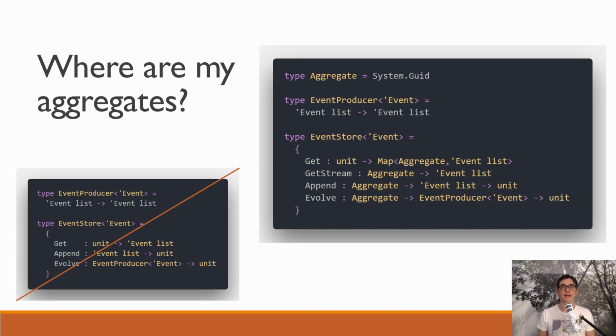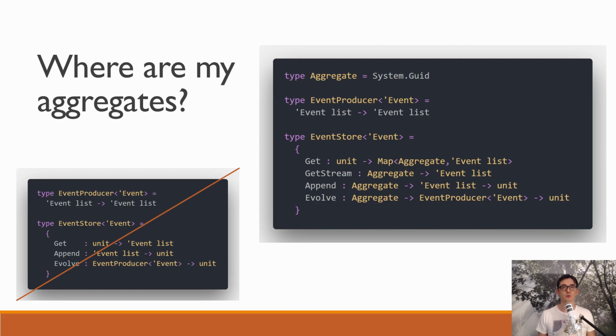All of our entities or aggregates in our system are identified by a specific UUID. What we are doing now is that we are not only asking our event store, for example, to evolve, but we also add the information which aggregate we want to evolve. If you have a look at the evolve function, you see that we added another parameter, which is the aggregate that we want to evolve.